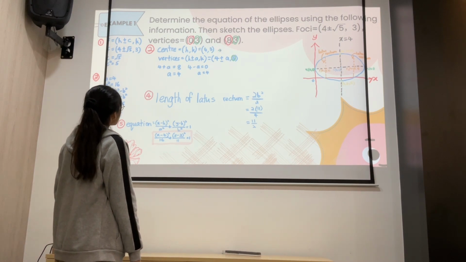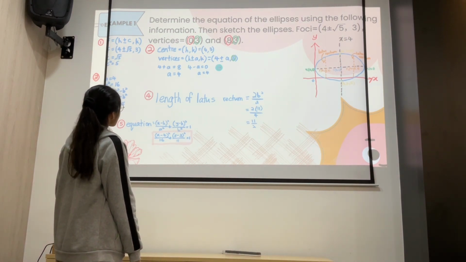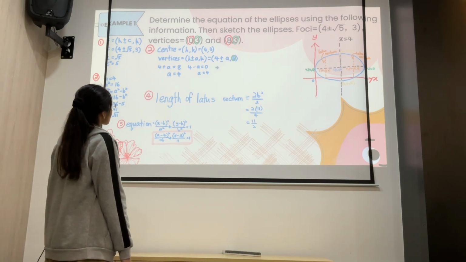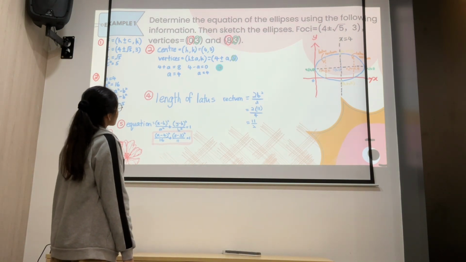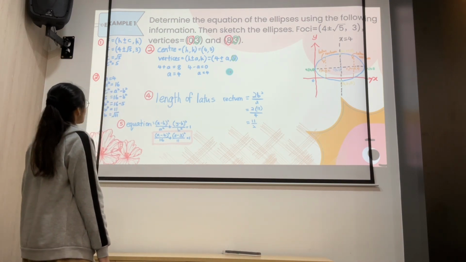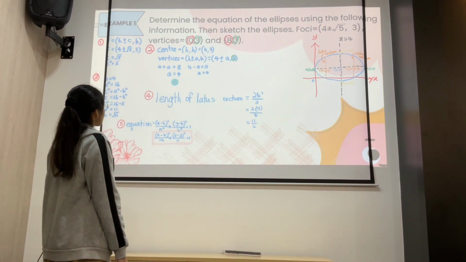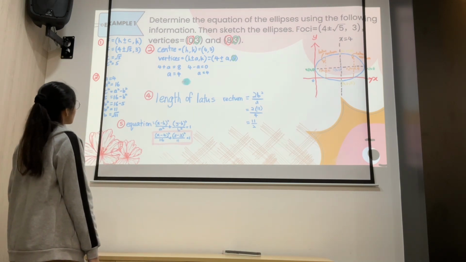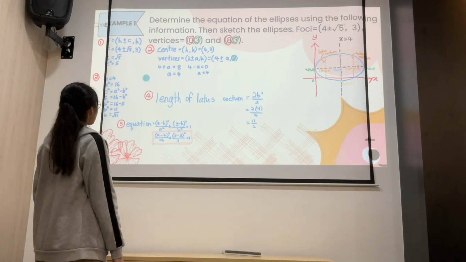The vertices are equal to h plus minus a, k. So we substitute the values and get 4 plus minus a and 3. 4 plus a equals 8, 4 minus a equals 0. So we get the value of a is equal to 4.